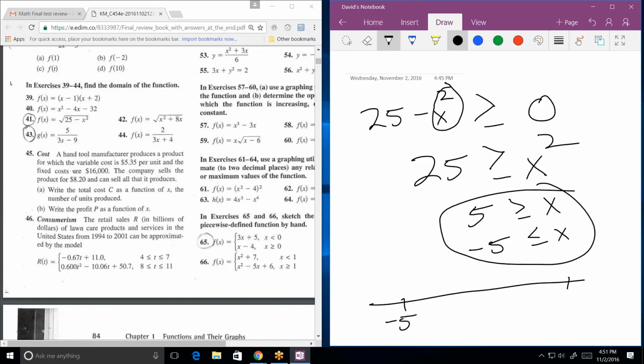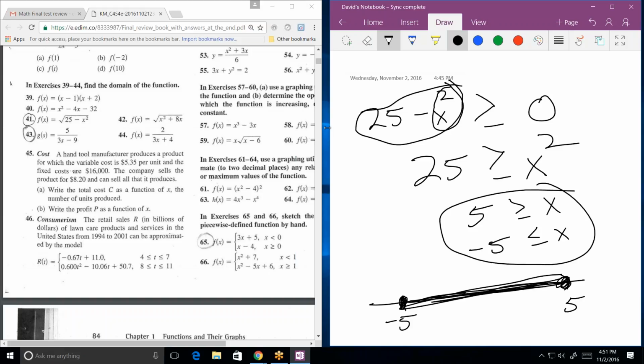As long as x is between those two values, then that is a positive number or 0. If you plug in minus 3 for x, you have 25 minus 9. So the solution would be graphed like that.